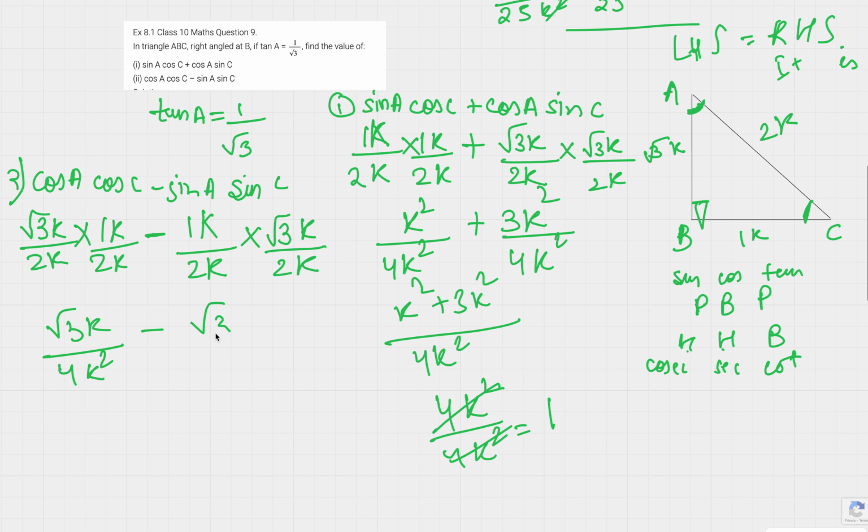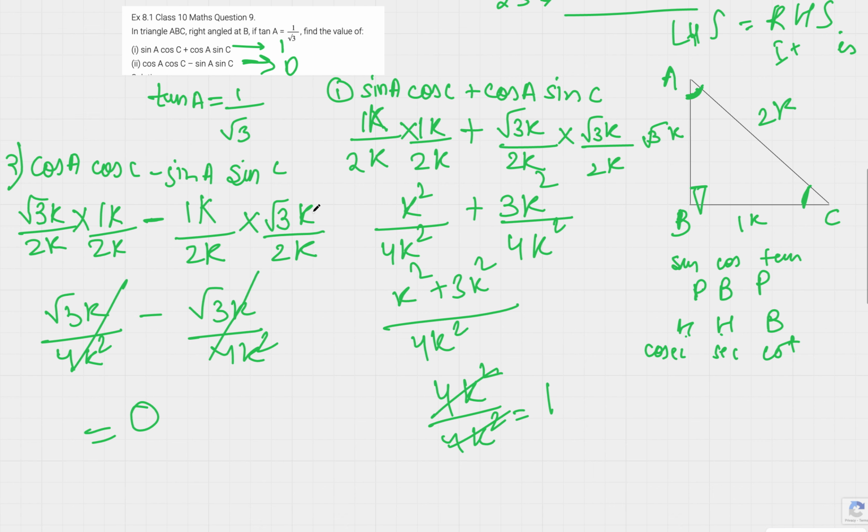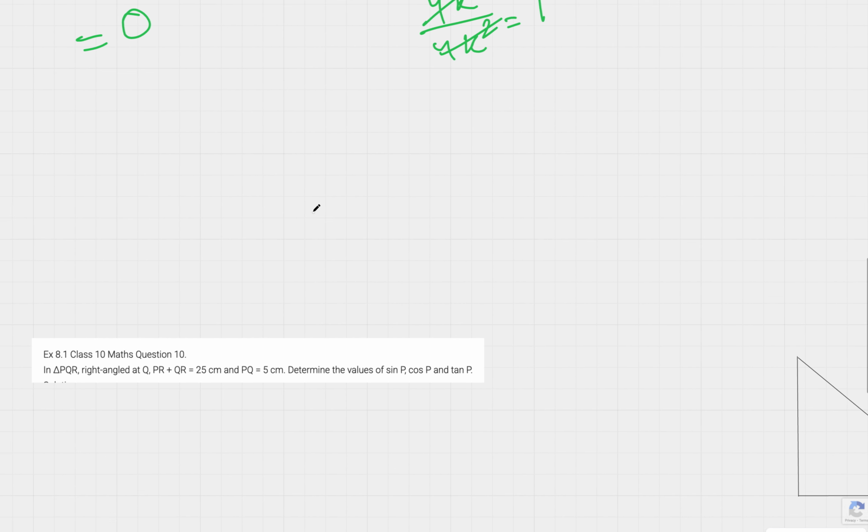This is again root 3K square divided by 4K square. So this and this are cancelled. It is 0. So cos A cos C minus sin A sin C is 0, and this is 1. So this is the 9th question. Let's go to the 10th question.